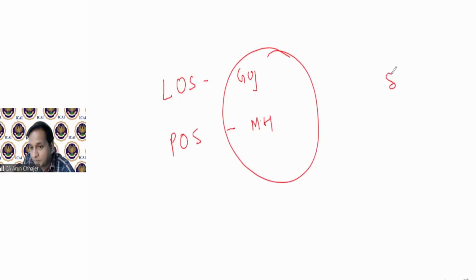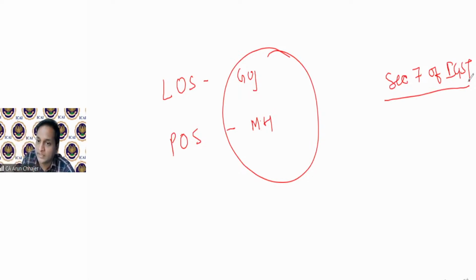Now, as per section 7 of IGST Act, I'm using the section number not to demotivate or give any fear, but so that you would be able to check anything even after this class.